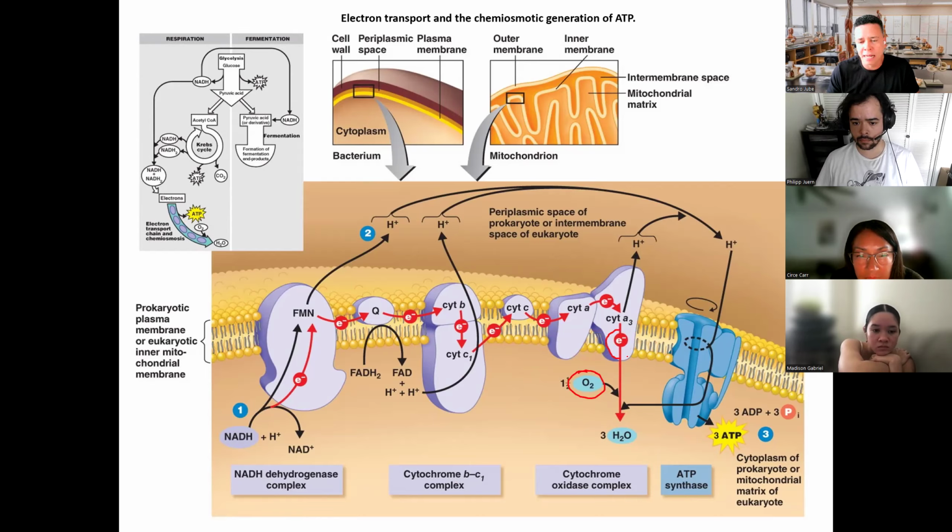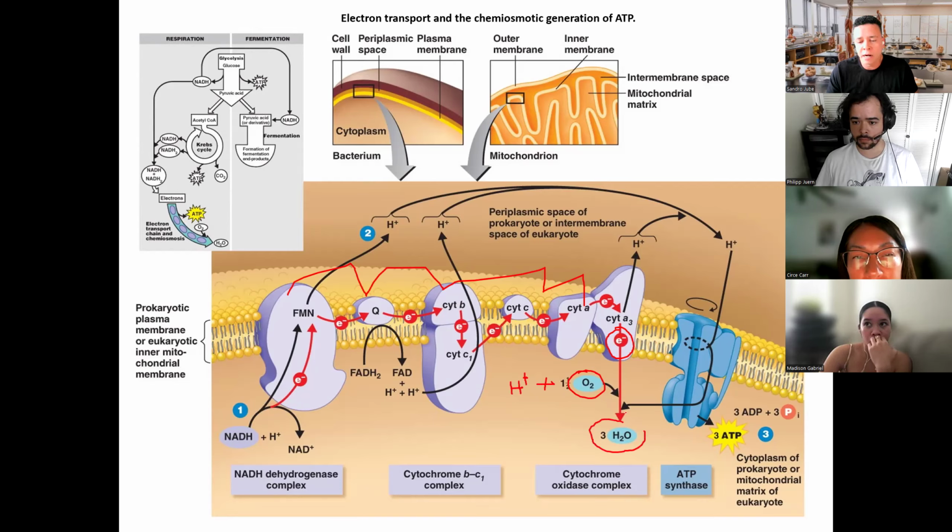This electron right here that is moving from enzyme to enzyme in the ETC needs to find a final resting place. And the final resting place of this electron is oxygen gas, which will combine with hydrogen ions to form water. Okay? So we're going to end up with water and ATP. That is the end result of oxidative phosphorylation.